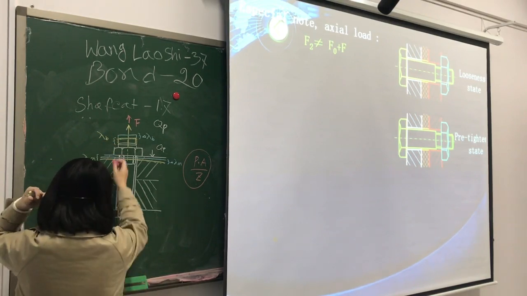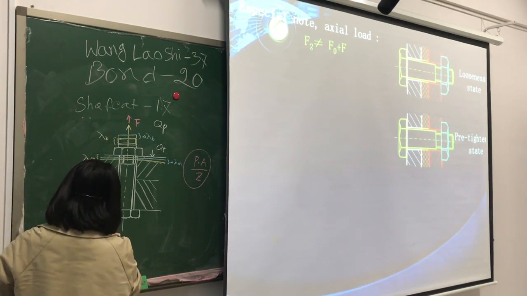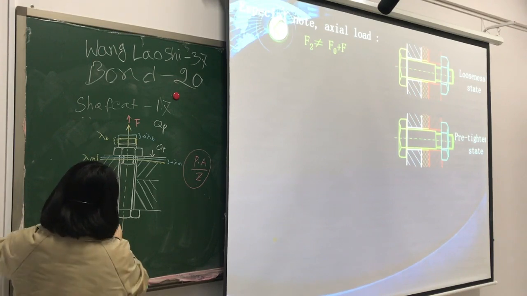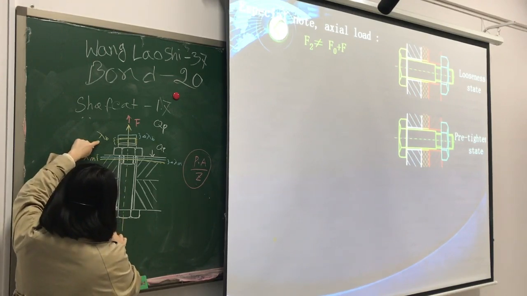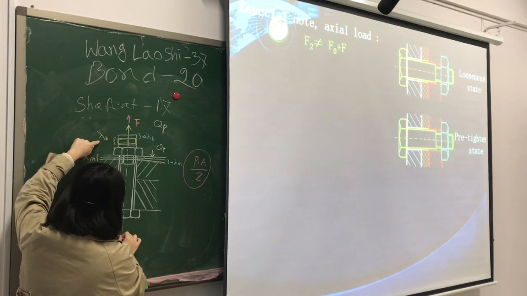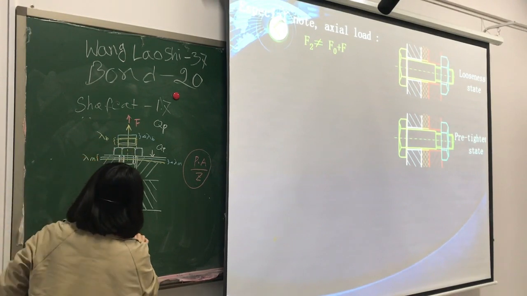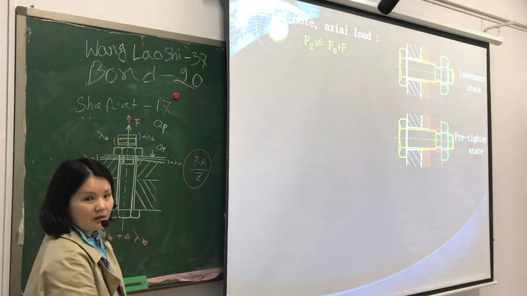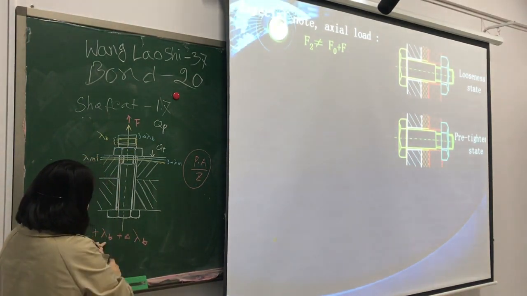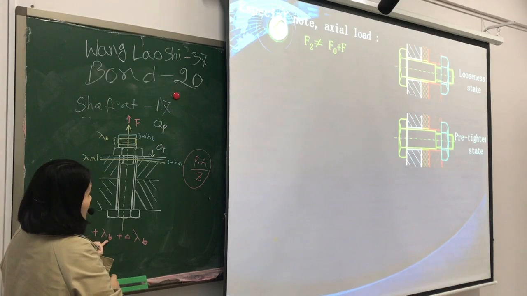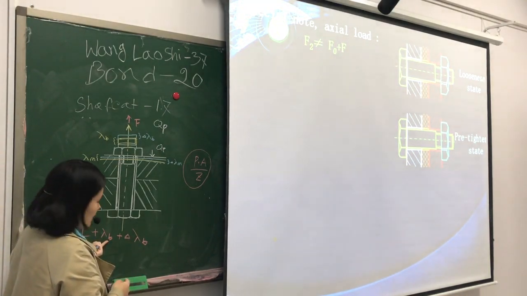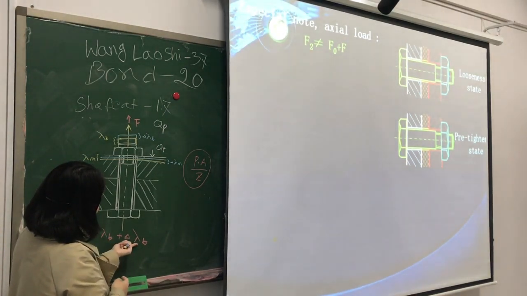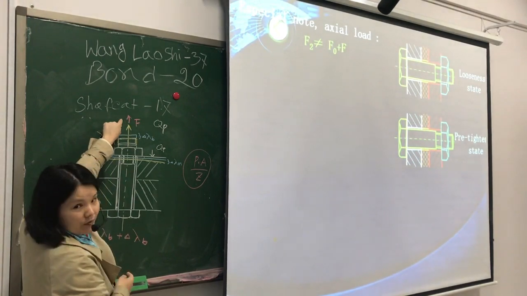So the length of the bolt is the initial bolt length L plus lambda b plus delta lambda b. This deflection is caused by preload, and this is caused by the actual force.